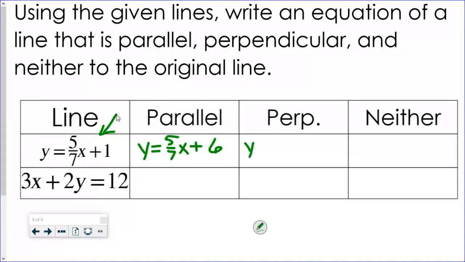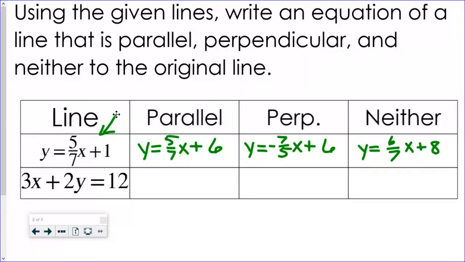Perpendicular means I take the opposite and flip it, and do a different y-intercept. I could use the same number if I want. And neither means I have to pick a slope that is not one of those. So I could have a slope of 6 over 7. It just can't be 5/7 or -7/5. So it can be anything.